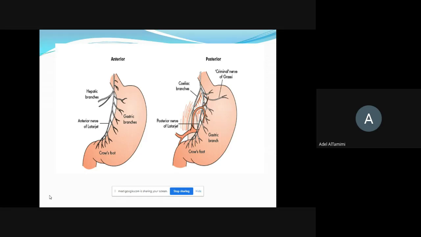It needs coordinated relaxation and contraction of the pyloric ring. This function is mediated by the posterior vagus nerve through these last nerve branches called crowfoot. Crowfoot means raven's foot.